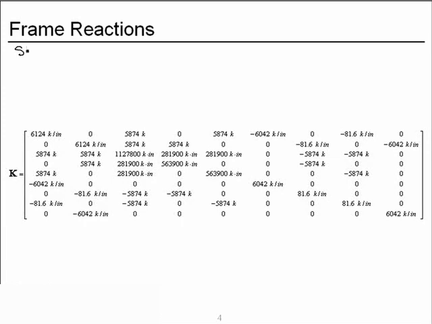Now step 2. Let's partition the structure stiffness matrix, and that's capital K. The reason we partition it is because to find the unknown deformations, we have to solve the following equation, where QK are the known loads, that is, the loads applied at the unsupported degrees of freedom, equals part of the structure stiffness matrix we'll call 1, 1.